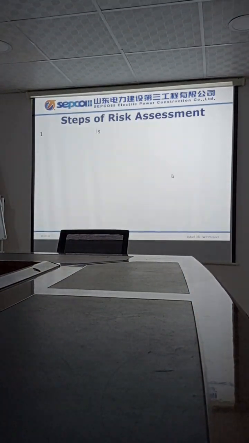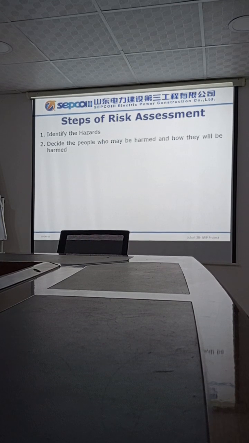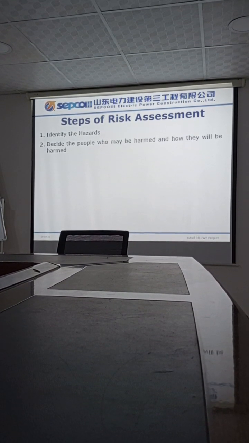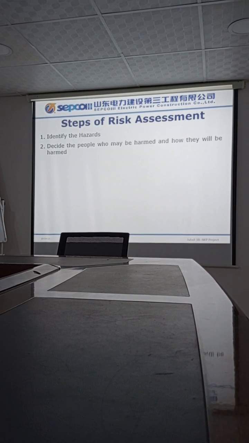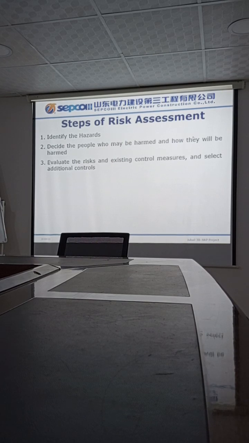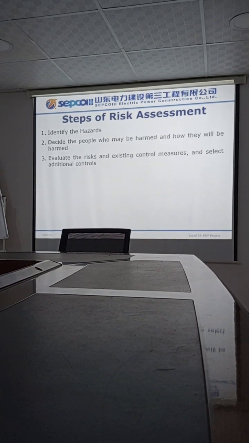Okay, so now identify the hazard, then decide who may be harmed. Who? The worker, the user, the foreman, the safety officer himself. And how will they be harmed? Like me, I'm sitting here, I'm the person that will be harmed once I trip here.